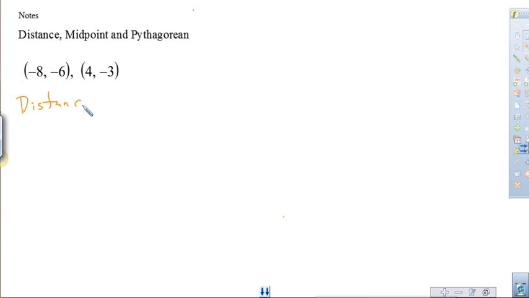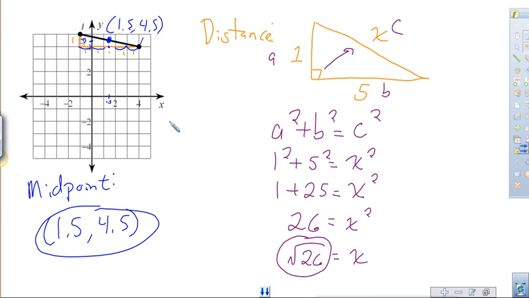The formula for distance is the square root of x2 minus x1 squared plus y2 minus y1 squared. This makes sense. This is Pythagorean theorem. Let's just look at it real quick. You're taking the x values here and here and subtracting them.